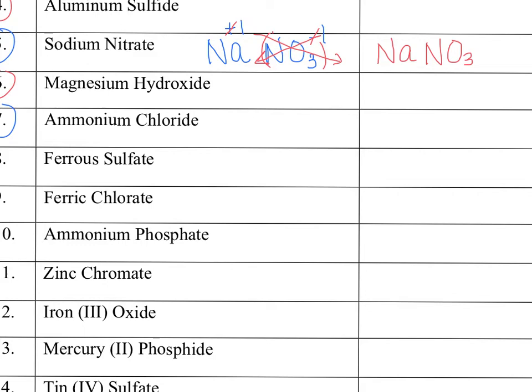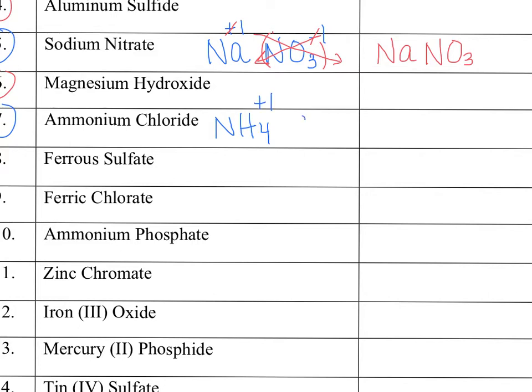Alright, let's do ammonium chloride. Again, if you look at the ion sheet, ammonium is the only positive polyatomic ion we have, and that is NH4. It tells us that its charge is a +1.